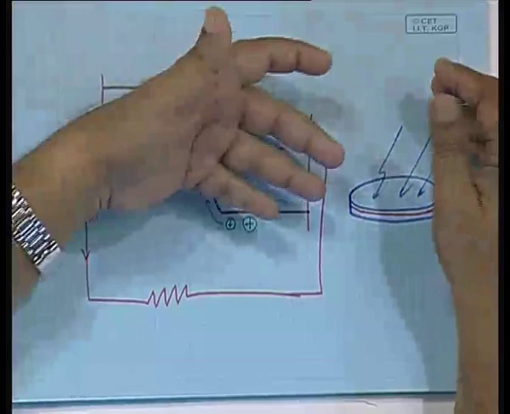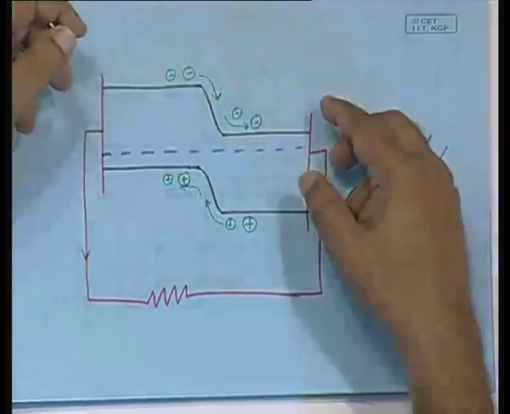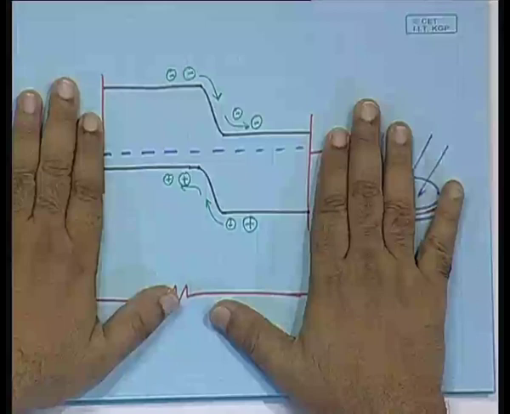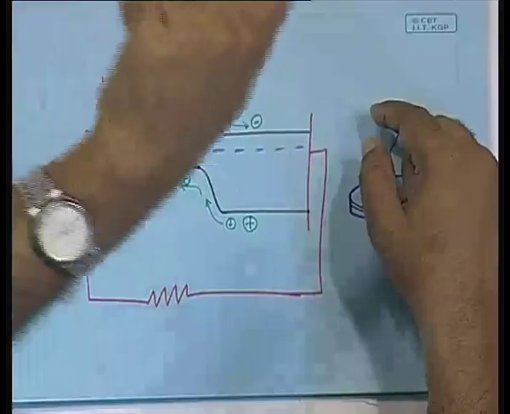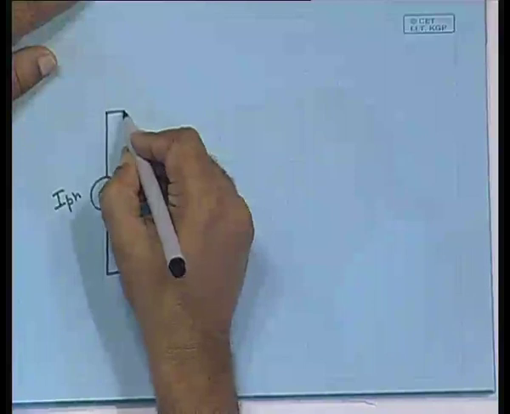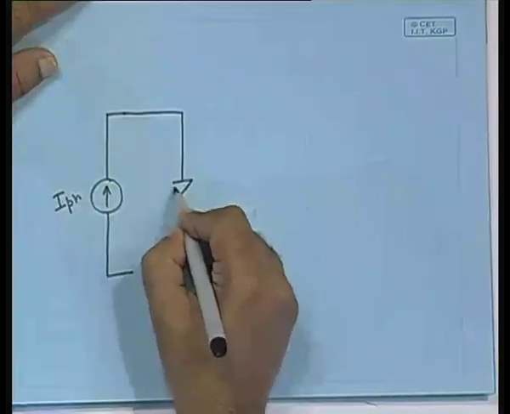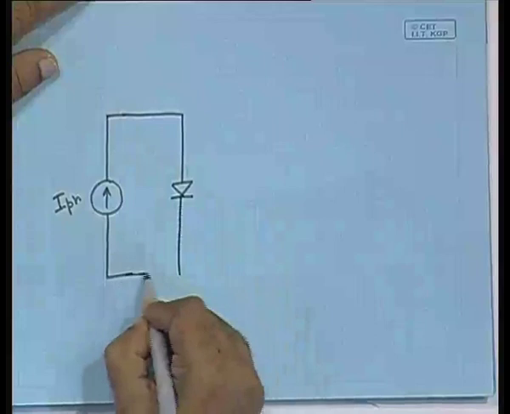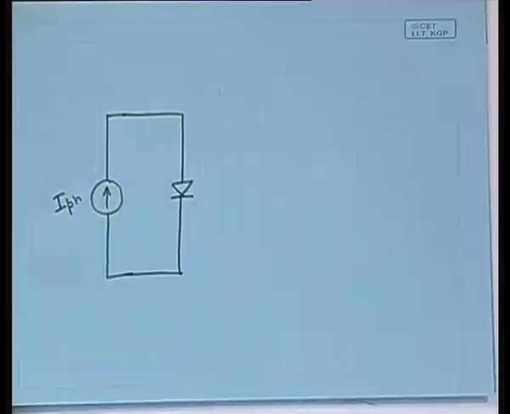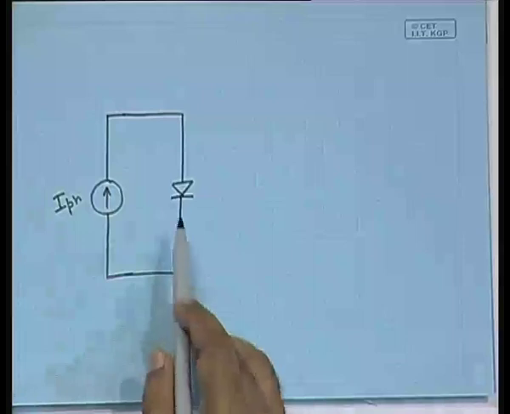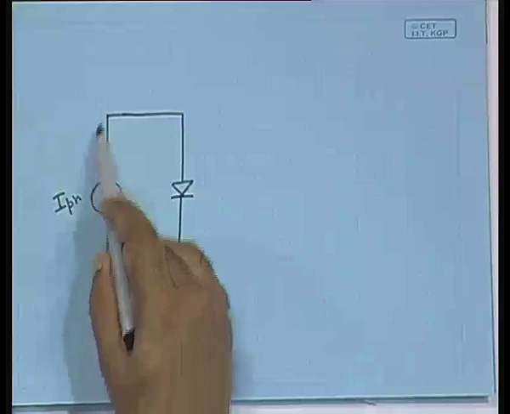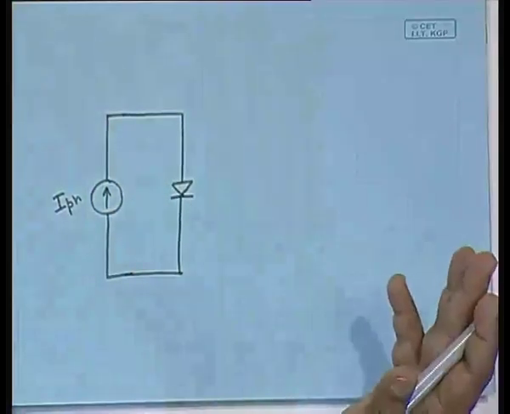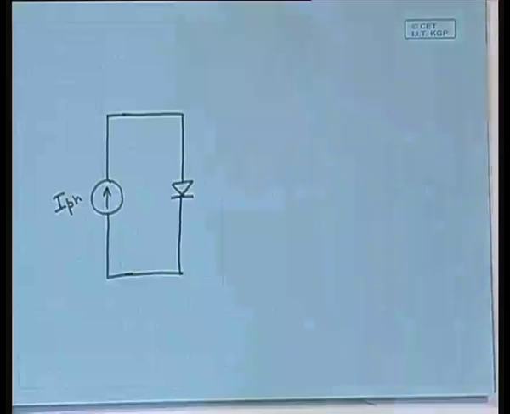So, forward bias current through the diode, as a result of which, if you connect nothing at the output side, there will be the current generation and the current will be shorted through the diode. Because this is a p-n junction, this is a diode. Here is a generation of light which will be shorted through the diode, if there is no connection to the external world.